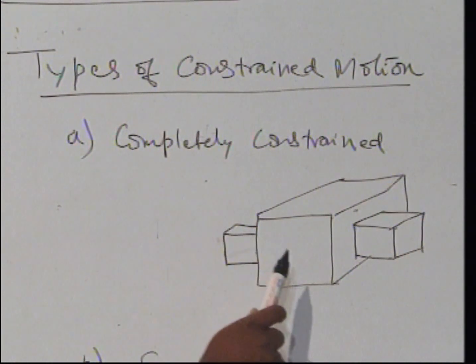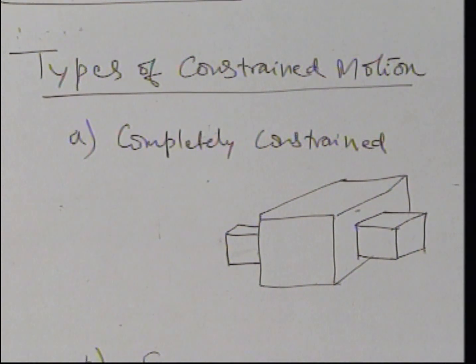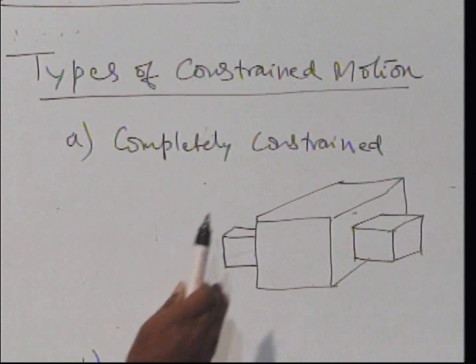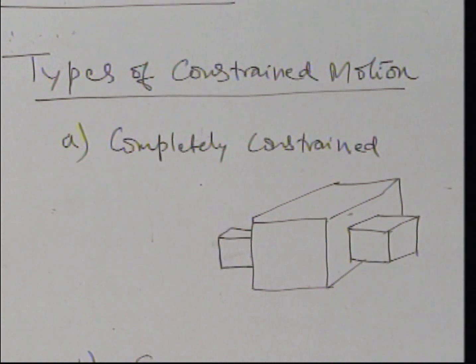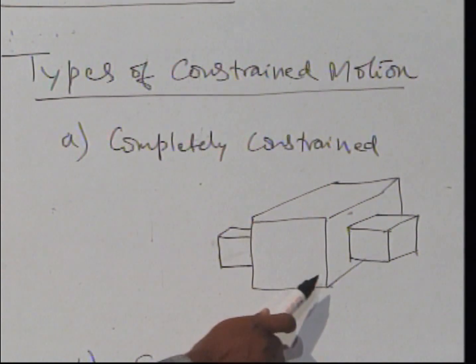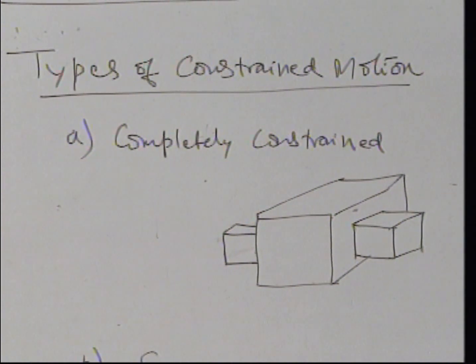Its movement is in a particular direction, or it is definite. It has no freedom to move in other directions. That is why this stands as an example for completely constrained motion.